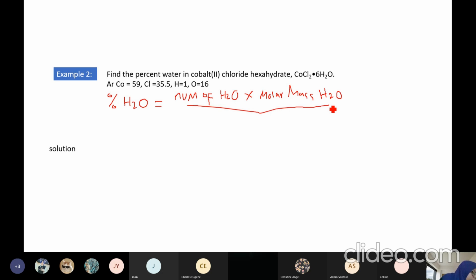What is the equation to find it? Mr of CoCl2·6H2O, times 100%.